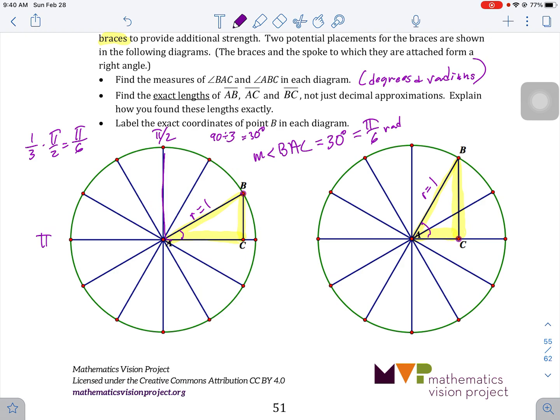Okay. On the second circle, when you look at the angle, you've got 90 divided by 3 is equal to 30, but we have 2 of these, so 30 times 2 is equal to 60. So if we're looking at the measure here, the measure of angle BAC, it's going to be equal to 60 degrees.